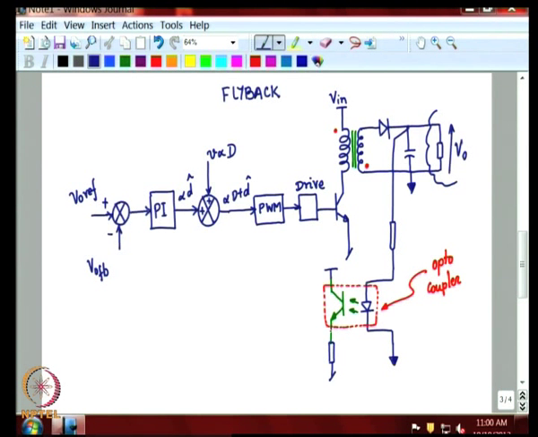Now, if you tap at this point and draw the signal from here, this signal we will call V opt across R, this is R. This signal will be a measure of the output V naught.